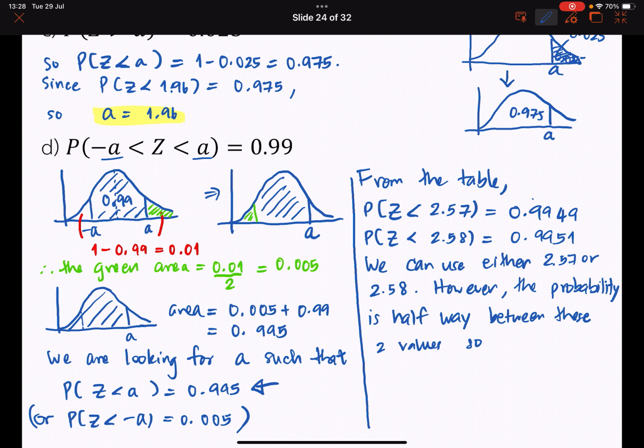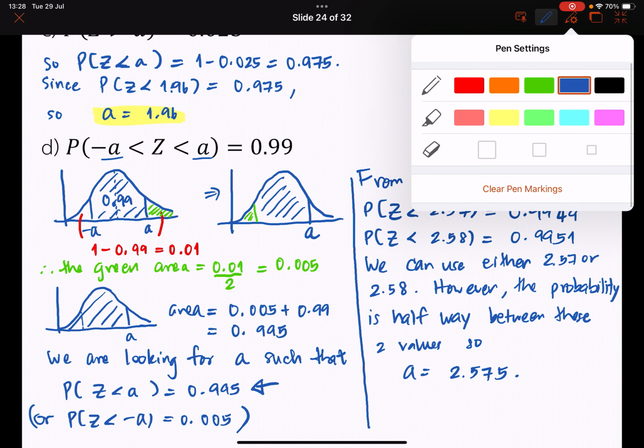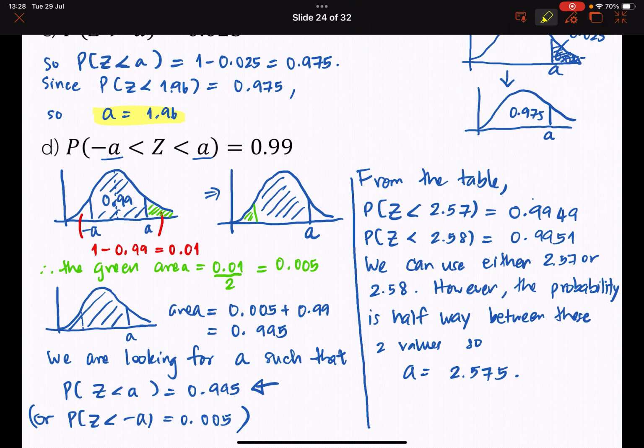So I know that my A is just halfway between 2.57 and 2.58, so it's just 2.575, right? Just halfway. Or you can use either value. I'm fine with it.